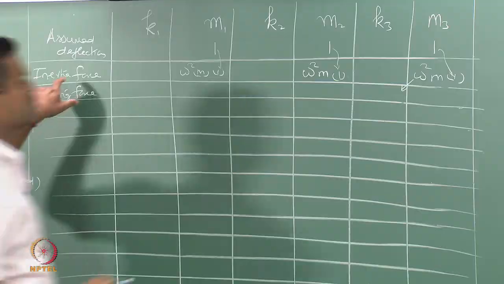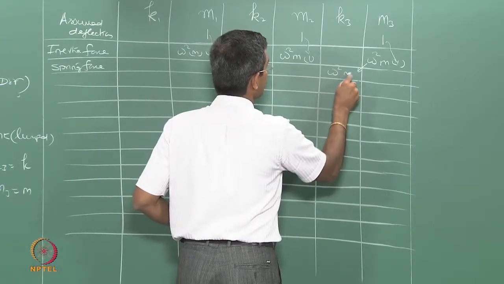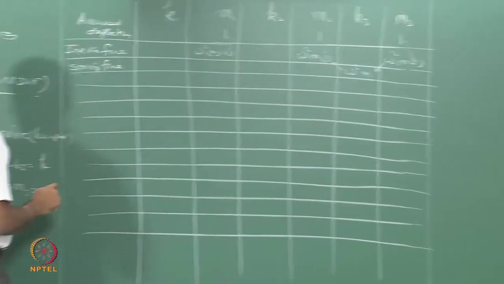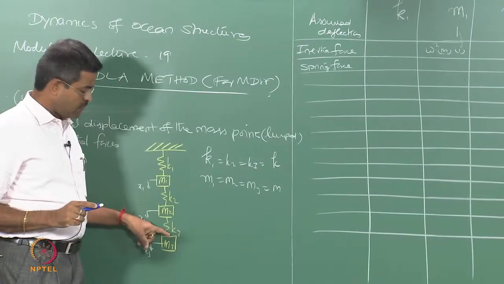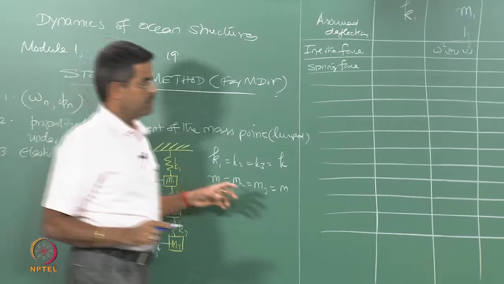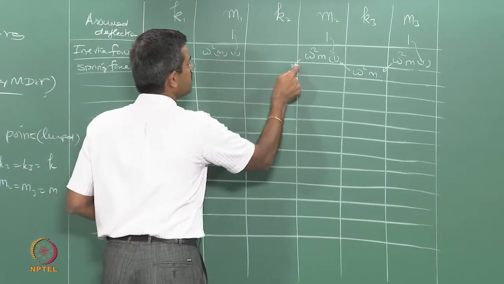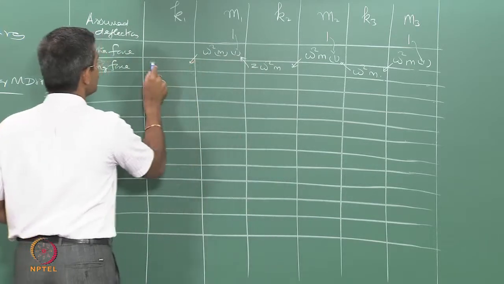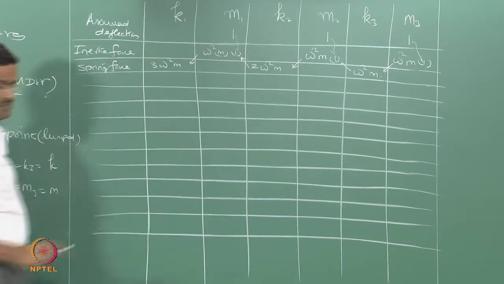This is my spring force, which is omega square m. Then when I go to K2, the spring force of K3 will also get added to it. So 2 omega square m, 3 omega square m.